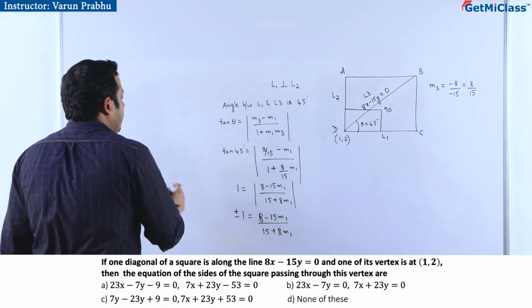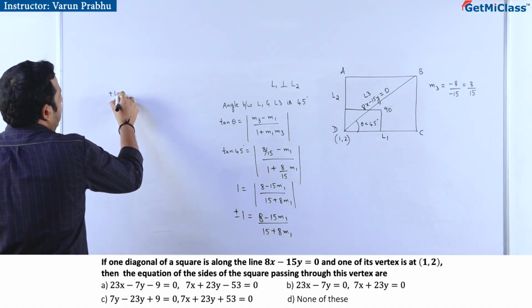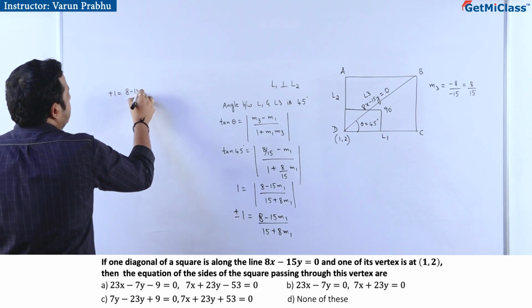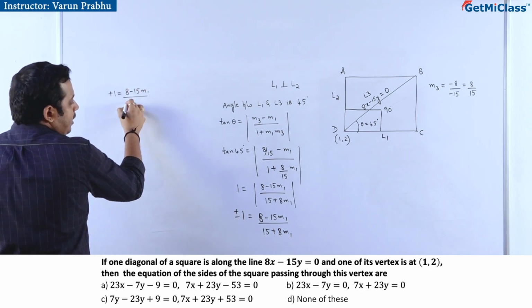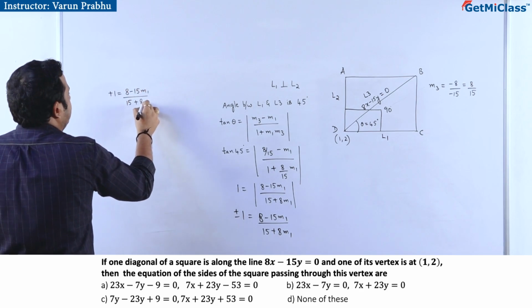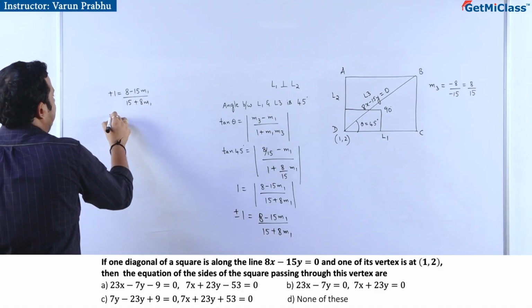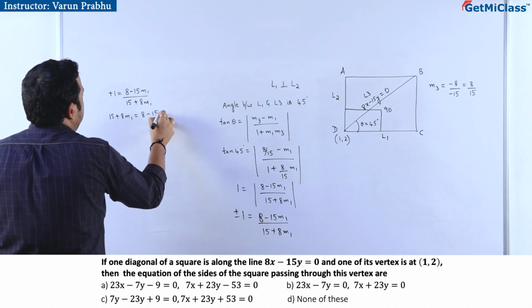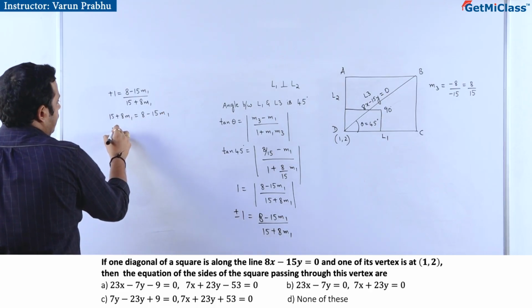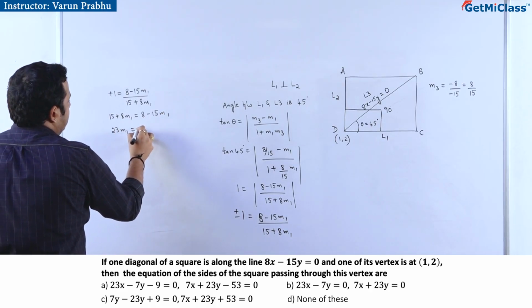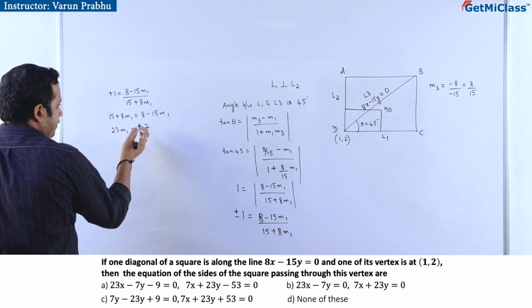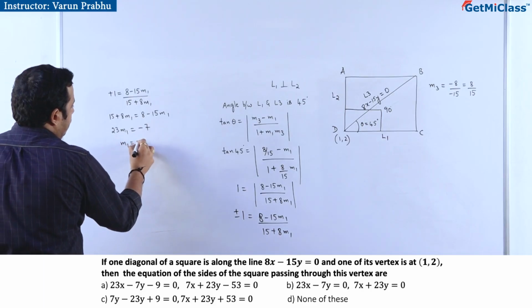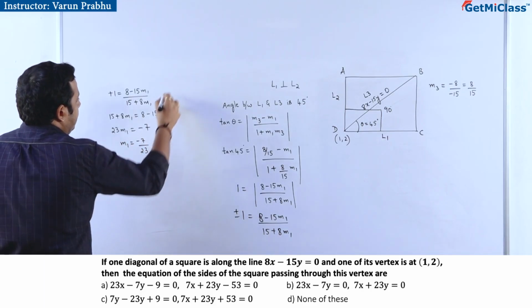Case number 1 will be plus 1 equal to (8 minus 15 m1) divided by (15 plus 8 m1). So 15 plus 8 m1 equals 8 minus 15 m1, so 23 m1 equals minus 7. So m1 is equal to minus 7 by 23.